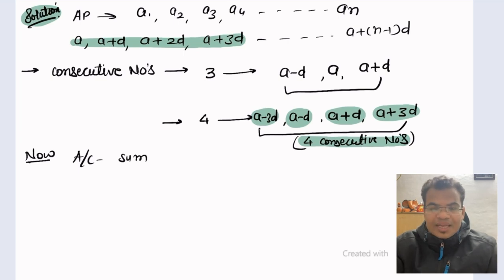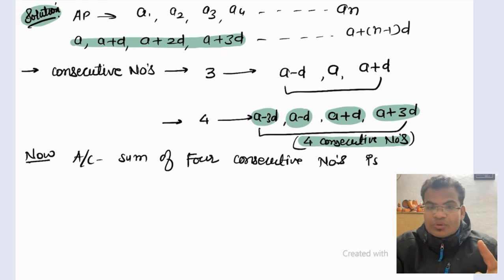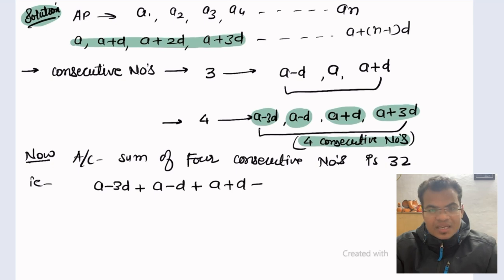So the next thing is, now we are coming to the question: the sum of four consecutive numbers is 32. I told you, when you have the consecutive numbers, you have to take them like this. I explained why we are taking a minus 3d, a minus d, a plus d and a plus 3d. The sum of these four numbers will be 32.